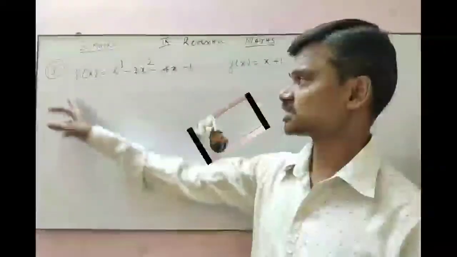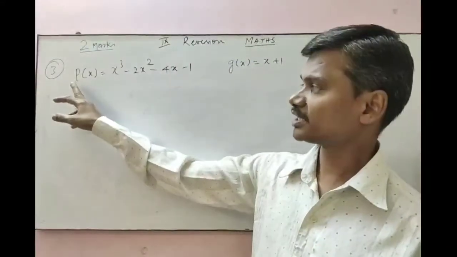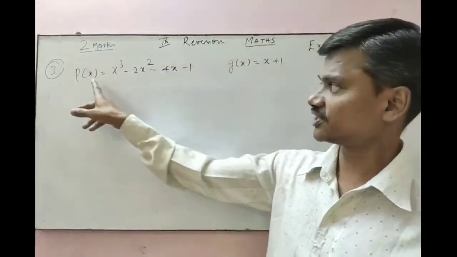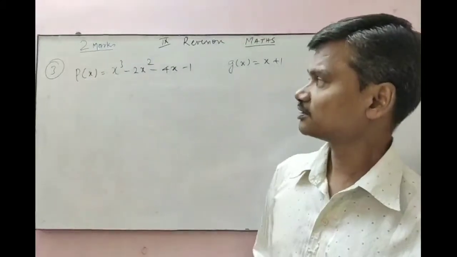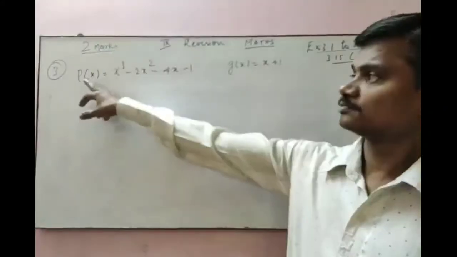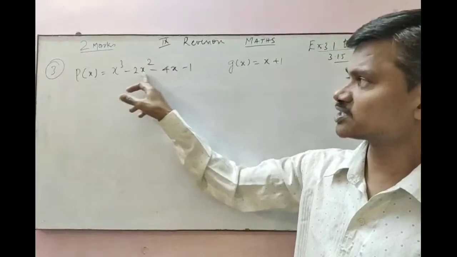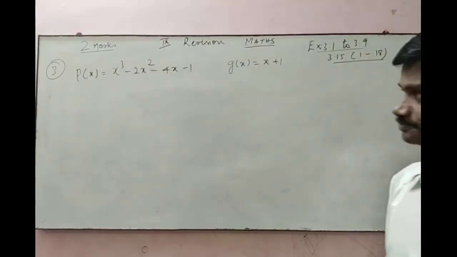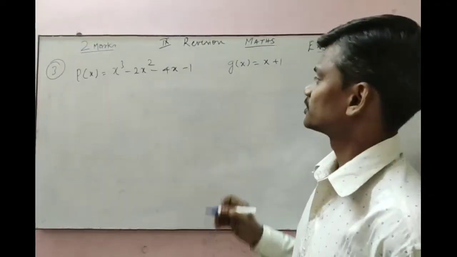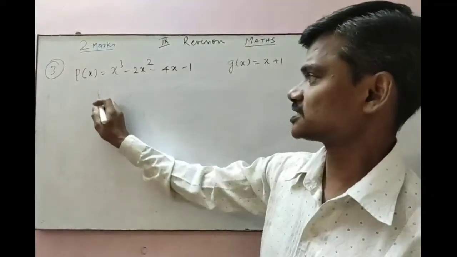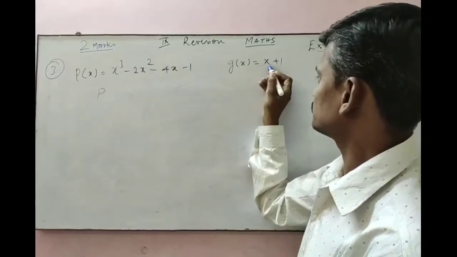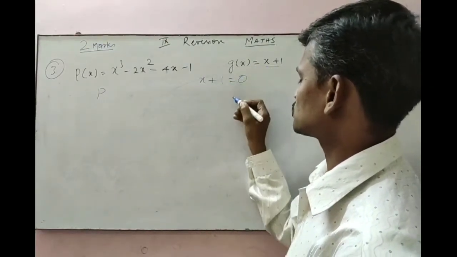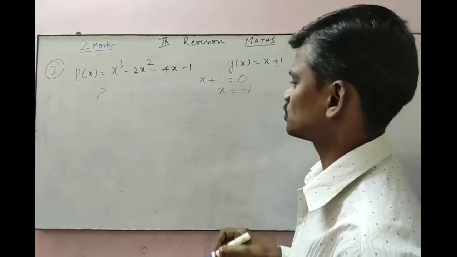Third sum: by the remainder theorem, divide p of x by g of x and find the remainder. P of x is x cube minus 2x square minus 4x minus 1. G of x is x plus 1. The remainder theorem says that if g of x is x plus 1, if you equate this to 0, you will get x equal to minus 1.